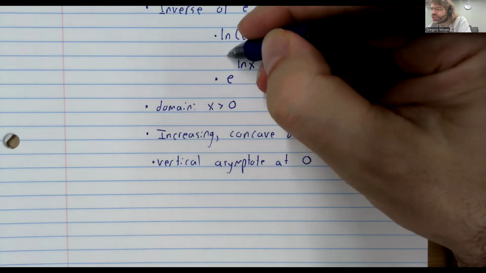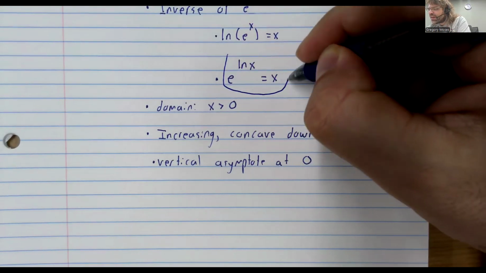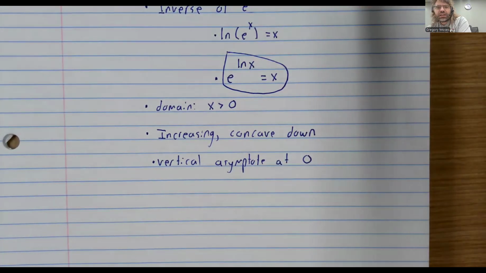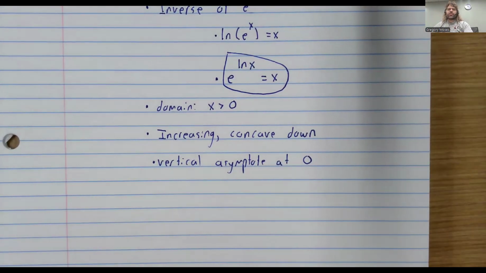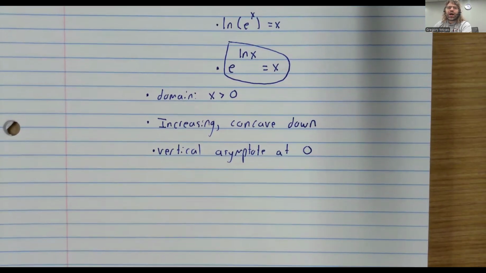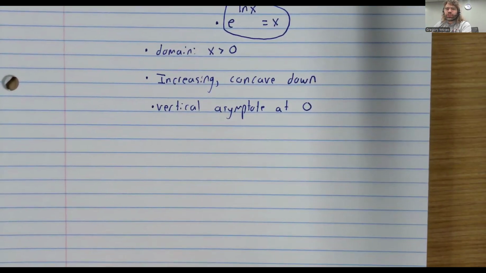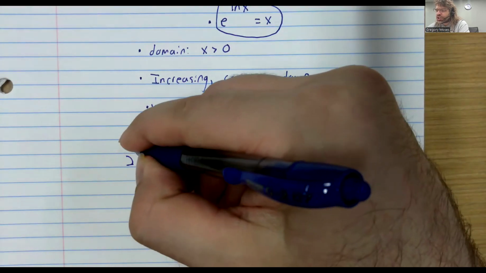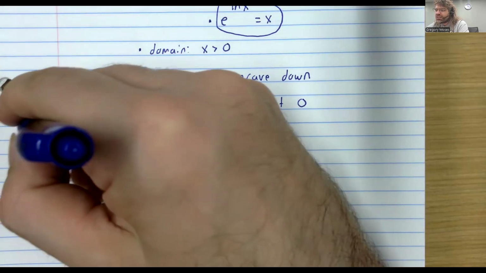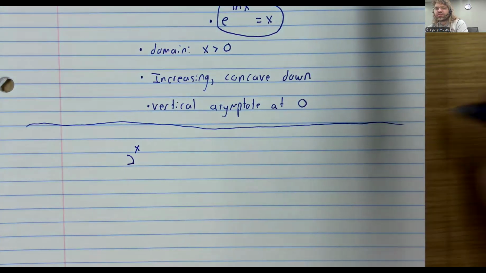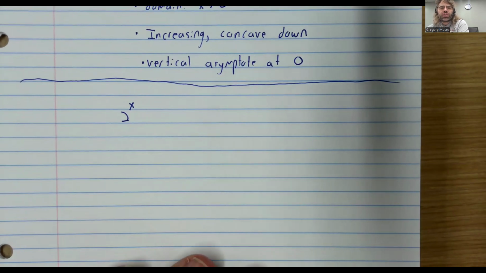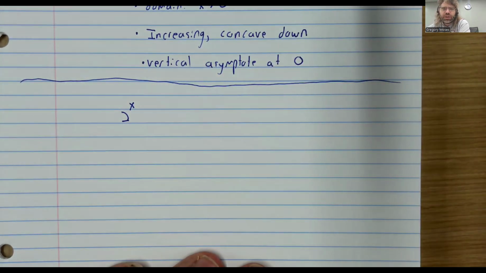I mentioned that e to the ln of x equals x, and I said that this is important. Why is this important? Suppose we have an exponential function whose base is not e. Suppose we have 2 to the power of x.